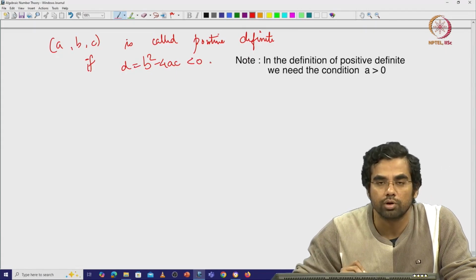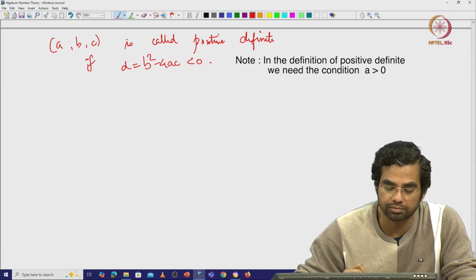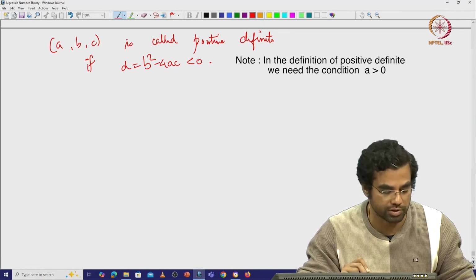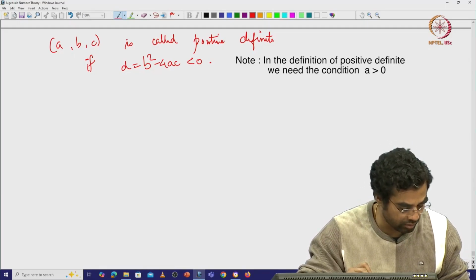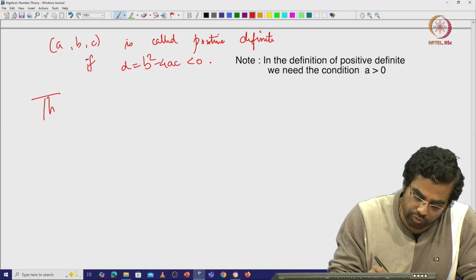Okay. Because in this case we can assume that A is positive, and the quadratic form only represents positive integers, okay, except when x equal to y equal to 0. Okay. So, here is a theorem that we want to prove today.